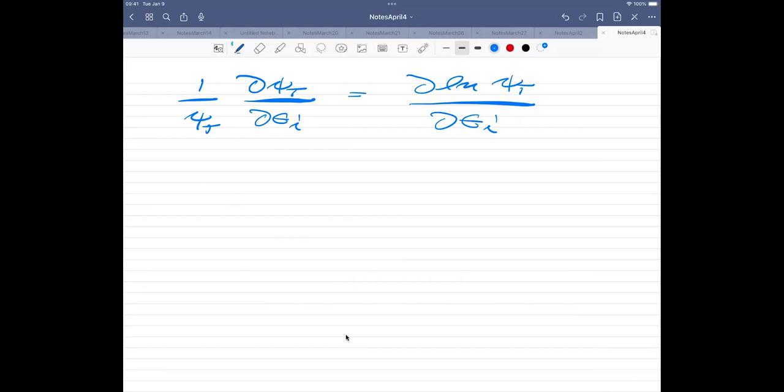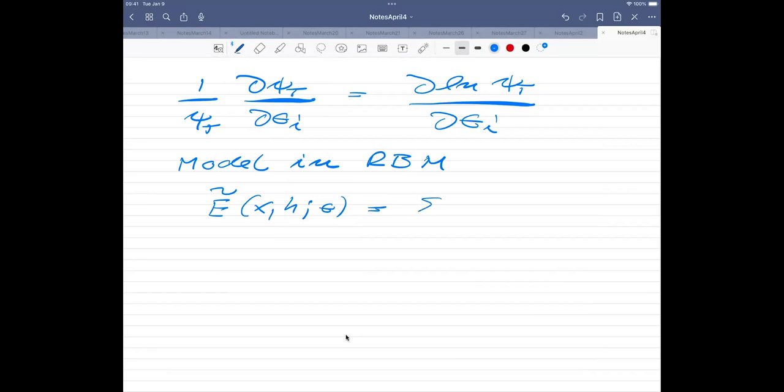So what we are going now to set up as a parameter for this energy function, or this model. So the model in the restricted Boltzmann machine, which we will carry with us, is now going to be given by this E tilde of x, h, theta. And we are going to train a neural network where we now have a sum from i equal 1 up to M. And we are going to look at the Gaussian binary.